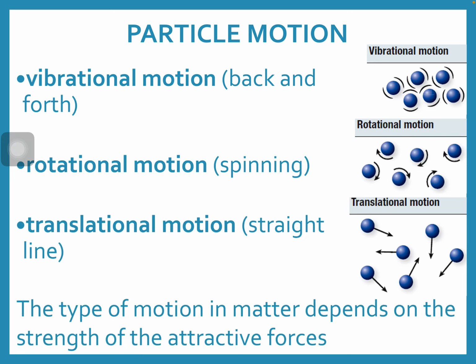So the type of motion is going to depend once again on the strength of the attractive forces, or the intermolecular forces between the particles, which will determine at any particular temperature whether a certain type of element or compound is going to be a solid, a liquid, or a gas.